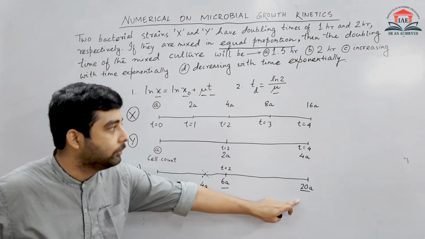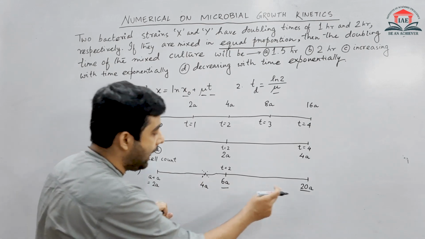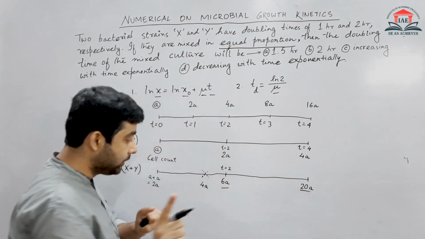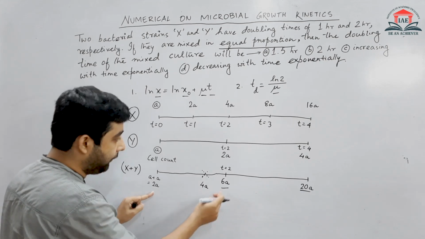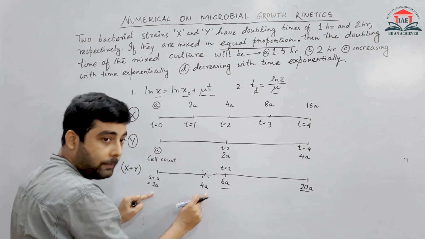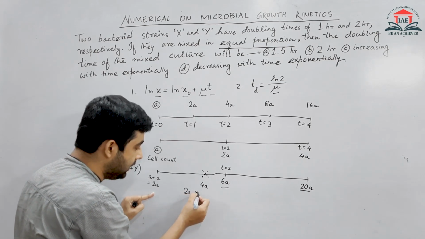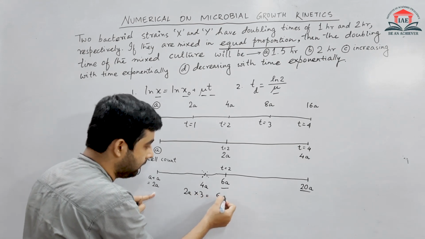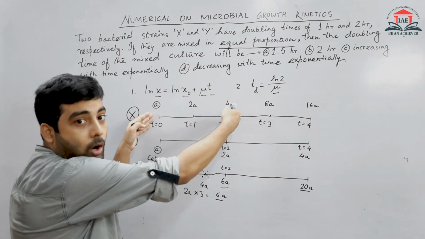Again, for this particular point, once we are done with our 4 hours experiment, we have 28. Now you see, if you compare these 2 hours, instead of doubling, it has already tripled, because 2A into 3 is 6A, for the first 2 hours.